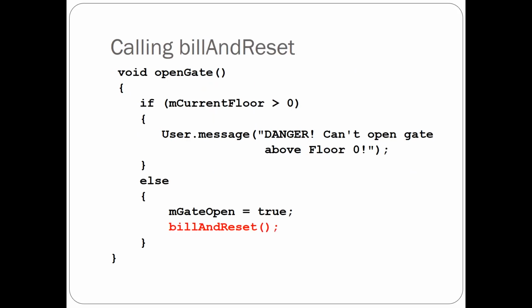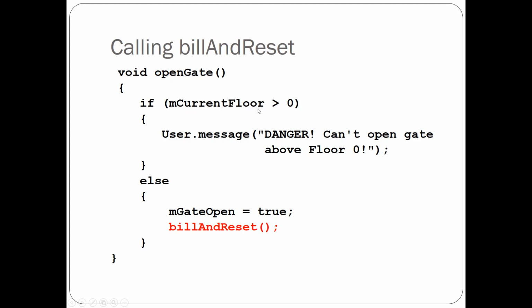There's an example of how it would work. If we put it in the openGate method, we can say that in an attempt to open the gate and the value of m current floor is greater than 0 or above the ground, we can tell the user, no, we can't do that. You're above floor 0. You shouldn't be allowed to do that.